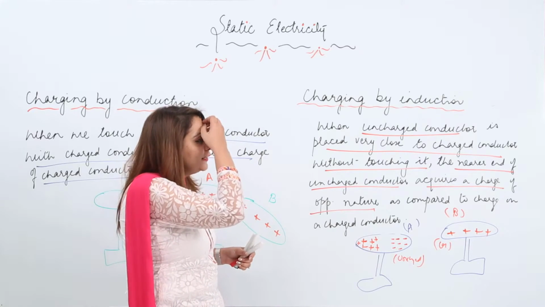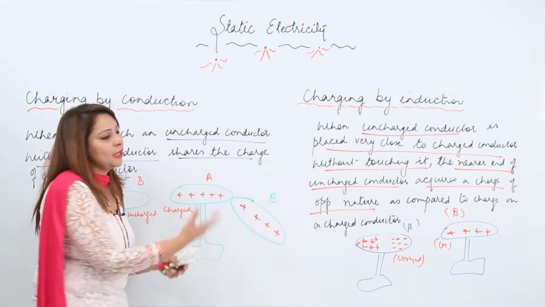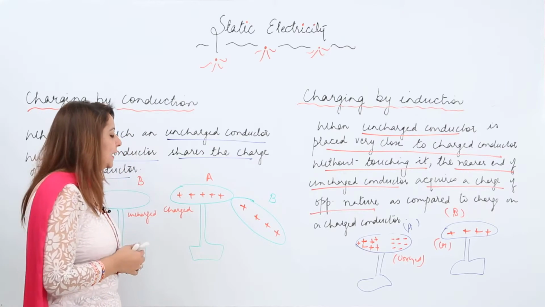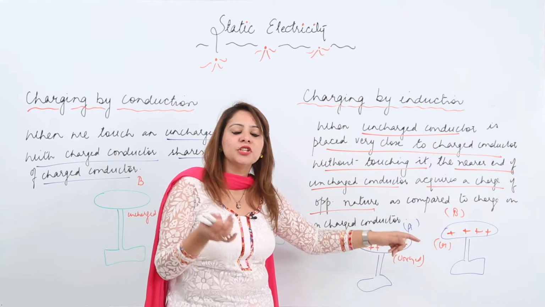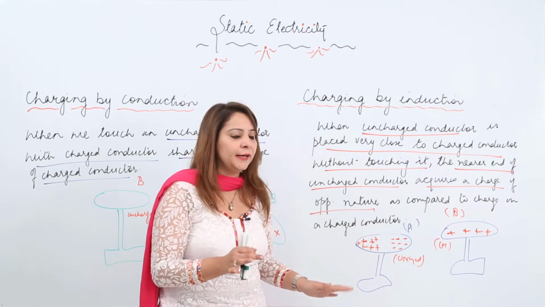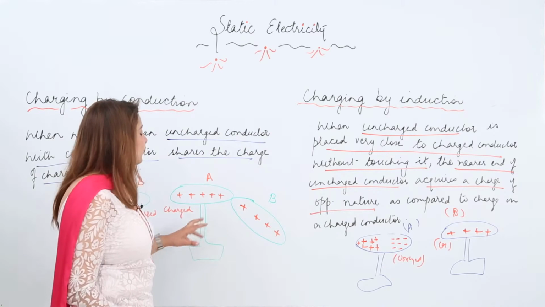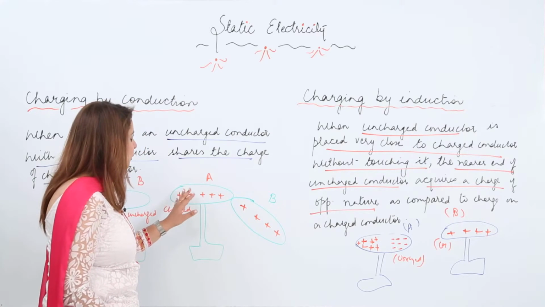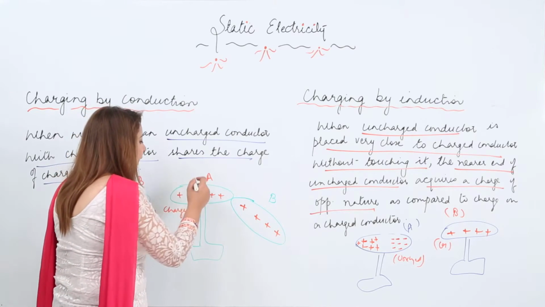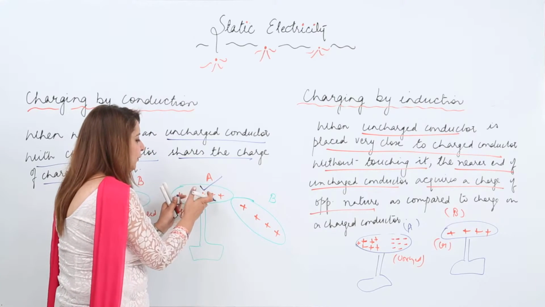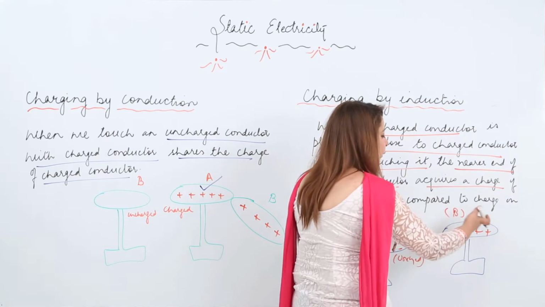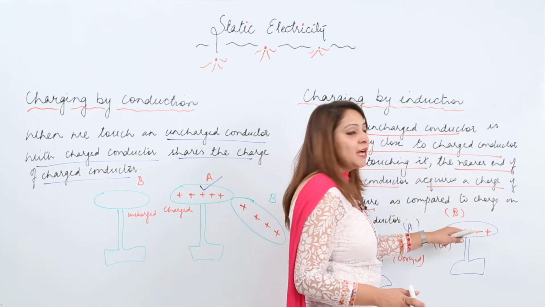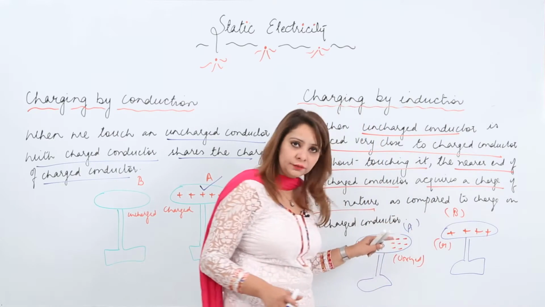Now what is the difference between charging by conduction and charging by induction? The first is that in conduction you need to touch them. In induction we don't need to touch them, we just need to bring them closer. Second, when we touch them, the strength of the charge on A gets reduced because some of the charges flow from A to B. But in induction the strength of charge remains as such, because charge is not flowing from this body to this body.